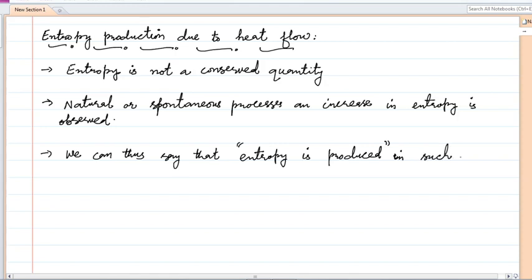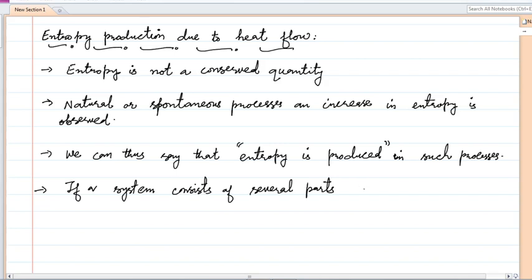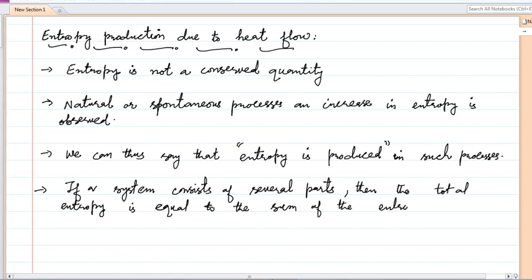In such processes, suppose if a system consists of several parts, then the total entropy is equal to the sum of the entropies of each part.